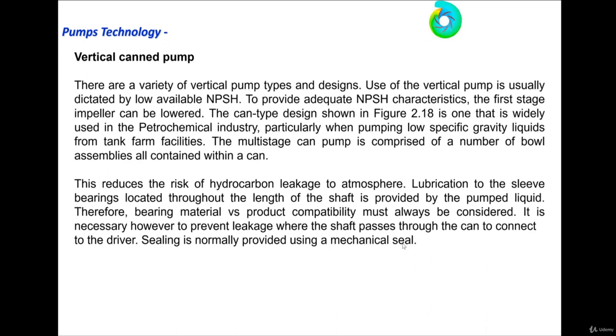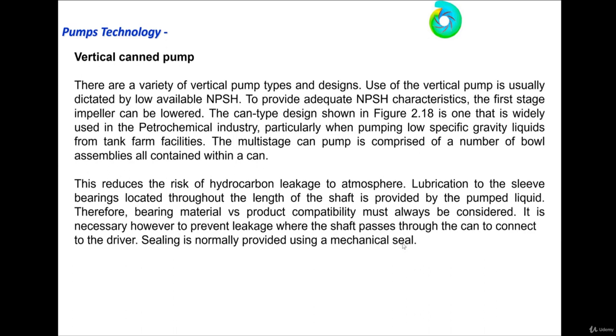Lubrication to the sleeve bearings located throughout the length of the shaft is provided by the pumped liquid. Therefore, bearing material versus product compatibility must always be considered. Along the vertical shaft, there is a sleeve that supports the shaft from buckling. So this sleeve bearing needs lubrication.